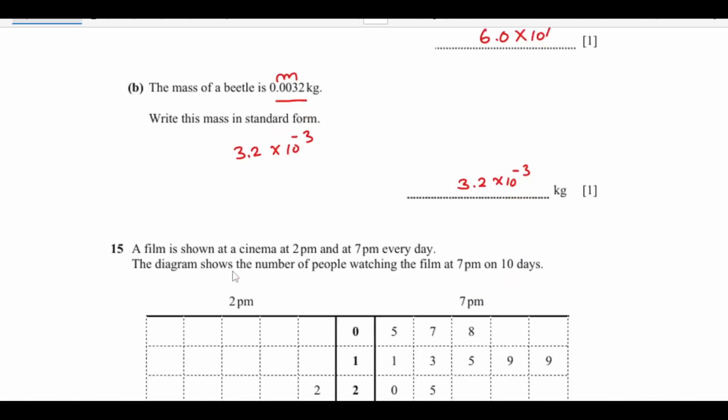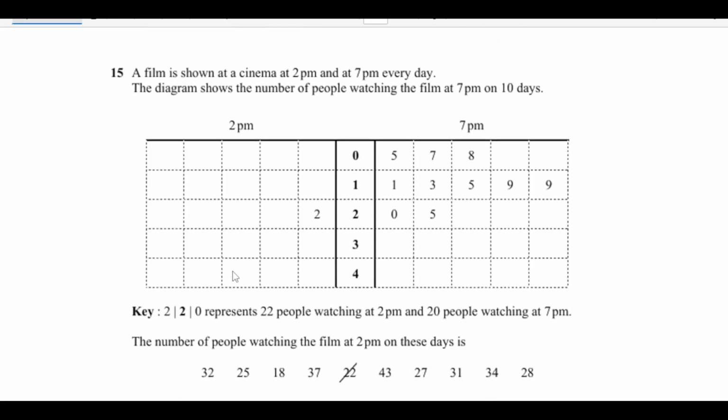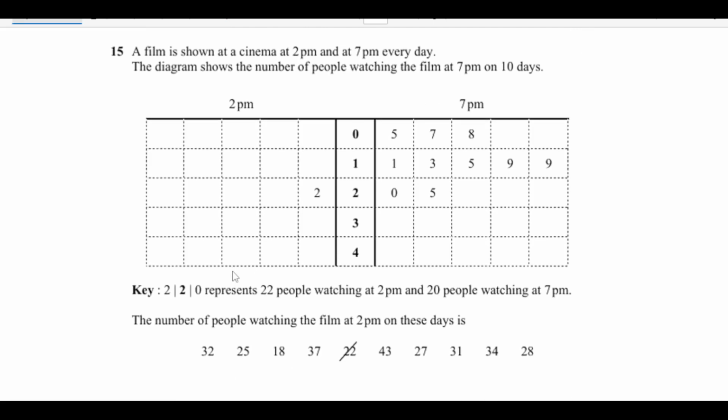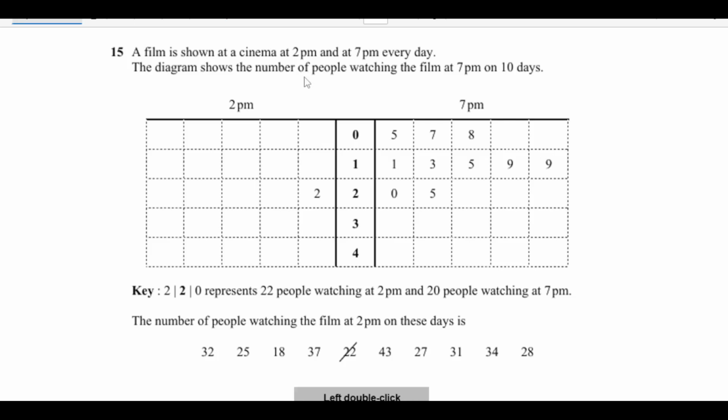Like this, right? Now this is a question on the stem and leaf diagram. A film is shown at the cinema at 2 p.m. and 7 p.m. every day. The diagram shows the number of people watching the film at 7 p.m. on 10 days.